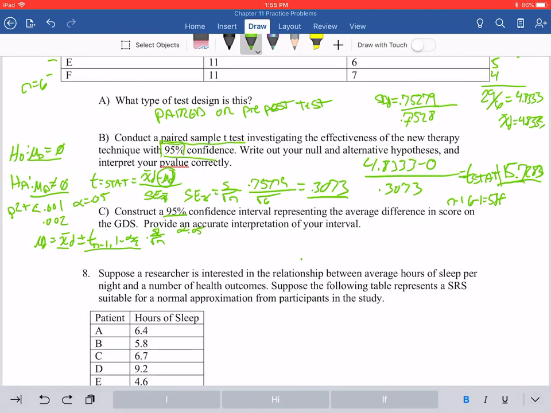For part C, you construct a 95% confidence interval from the previous problem. With our previous problem, we have calculated our x bar delta, and we already have our standard error of x.